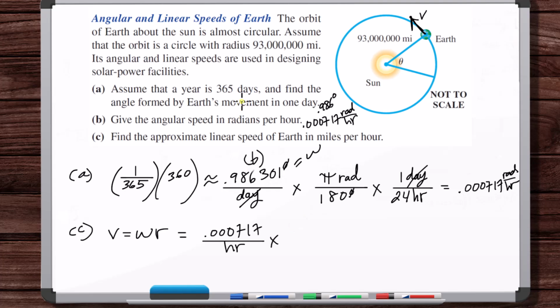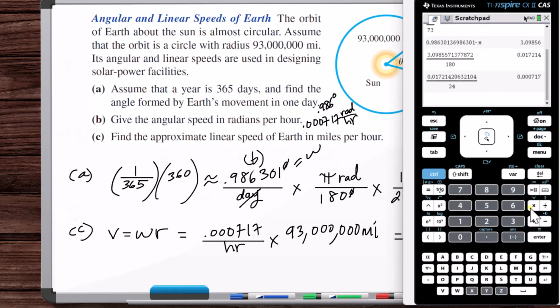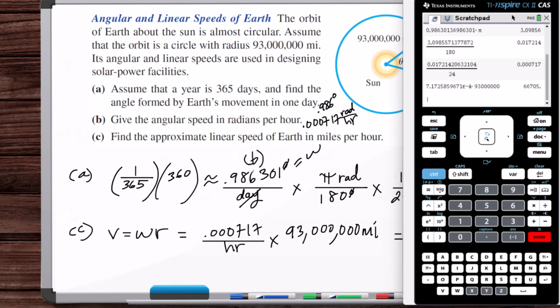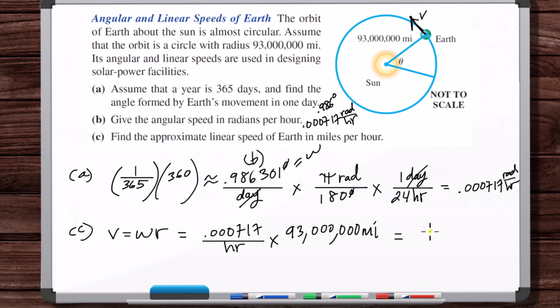So now we won't even have to do a conversion. We're already in miles, 93 million miles. And so, yeah, that's miles per hour. So this times 93 million, 66,705 miles per hour.